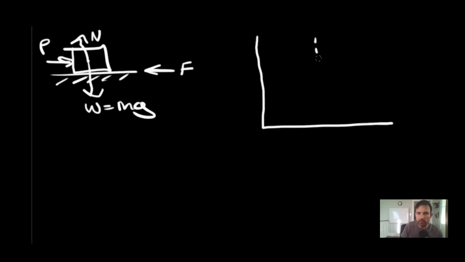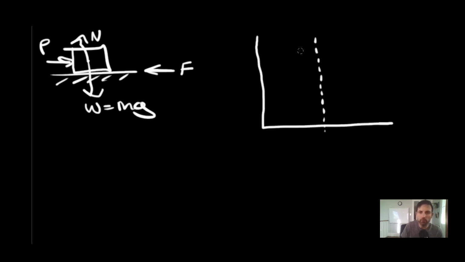Now we are going to signify our friction force opposing our pushing force, and that is going to be signified by F. So we are going to graph what happens here when this is being pushed.